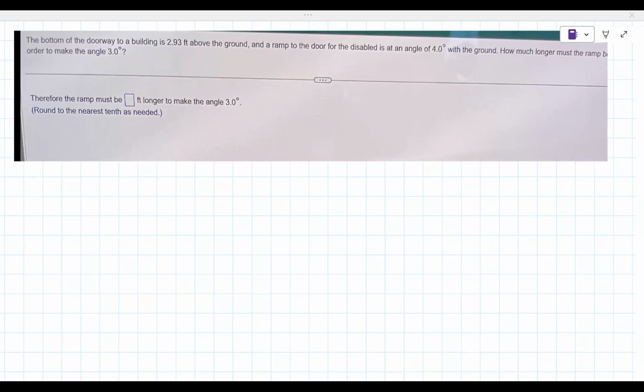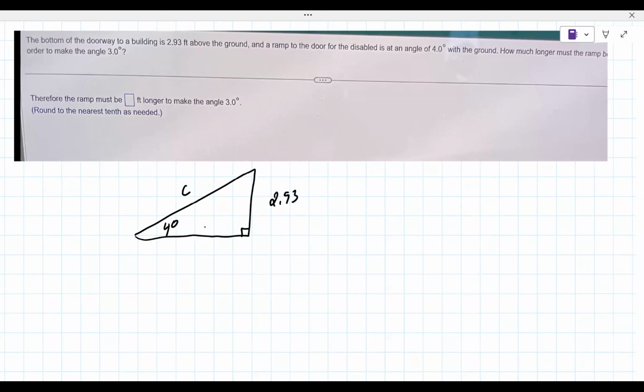Okay, so they're saying that this is 4 degrees and this is 2.93 feet. And we need to find the ramp length here, C.